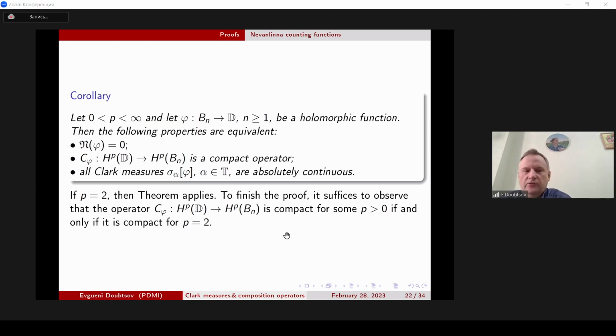This is straightforward for p equals 2. And once we know that compactness does not depend on the parameter p, then we obtain the result for all p greater than 0. If you want estimates for essential norms, then we basically modify the proof for the Hilbert case, and it works. Okay, thank you.